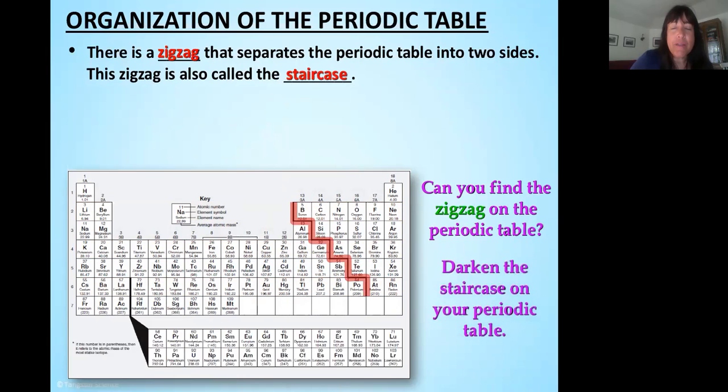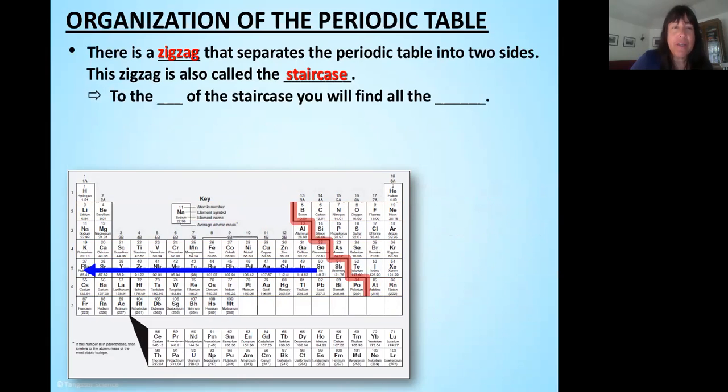It's basically to separate the periodic table. To the left of the staircase, you will find the metals. Even those 2 rows at the very bottom that are not inserted into the periodic table are metals. What I want you to note here is that most of the periodic table, most of everything that makes up anything and everything in this universe is made up of metals, okay?